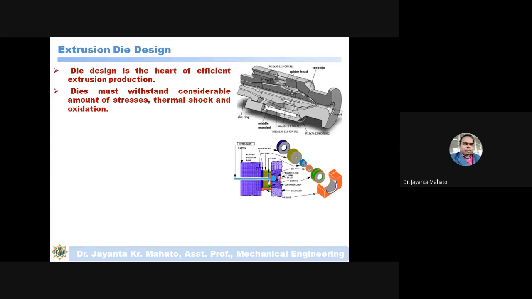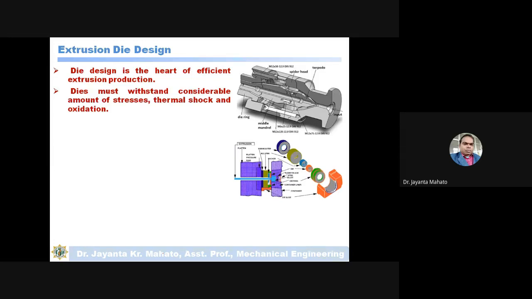Dies must withstand a considerable amount of stress, thermal shocks, and oxidation. Okay, because obviously it should have more strength to sustain the stress, since more force and pressure are required to extrude the material.